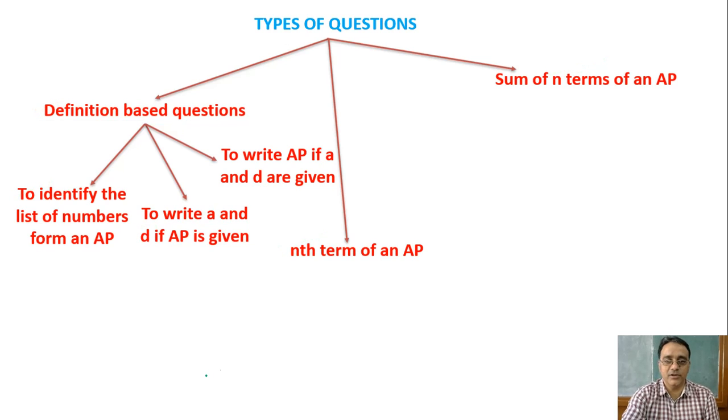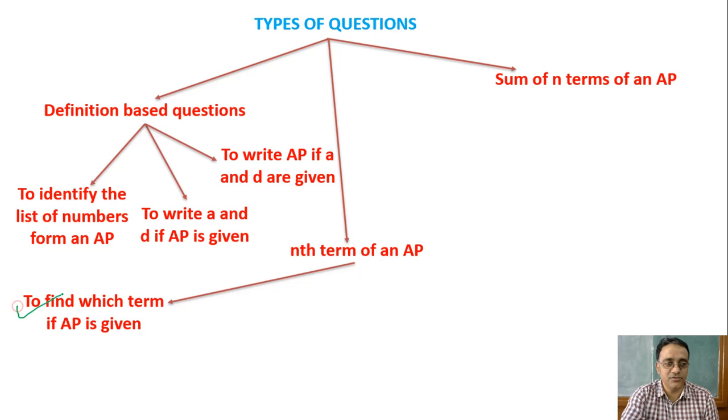Now nth term of an AP, first type of question is to find which term, if AP is given. Suppose एक AP दिया हुआ है 10, 12, 14, 16, 18 and we need to find 100 is which term, like that one question will be there.